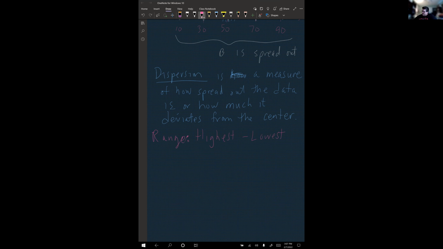For group A, our highest was 54 and our lowest was 46. And that gives us a range of 8. For B, we had 90 minus 10. That gives us a range of 80.